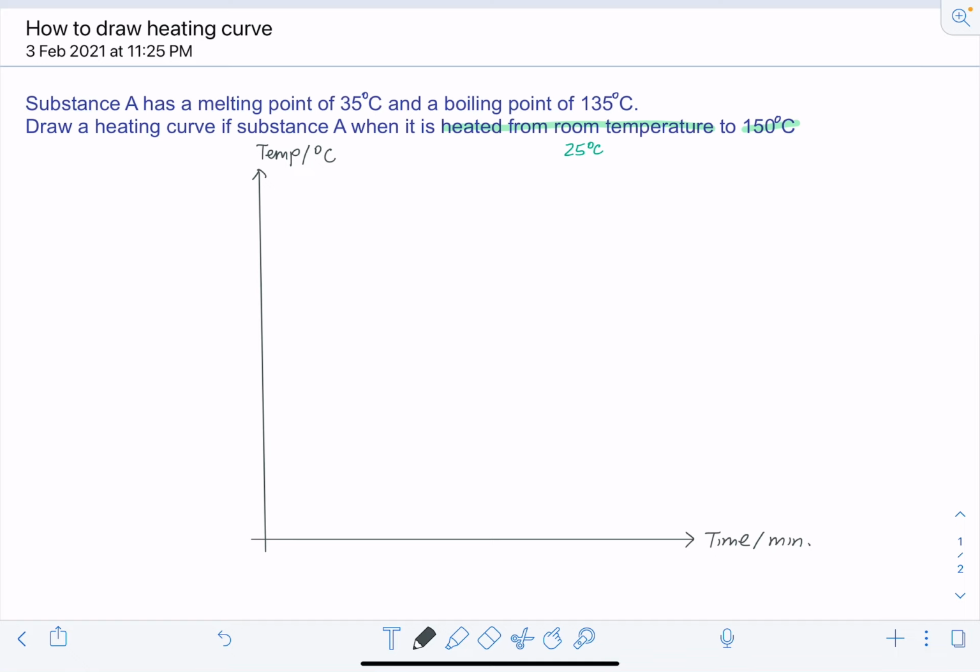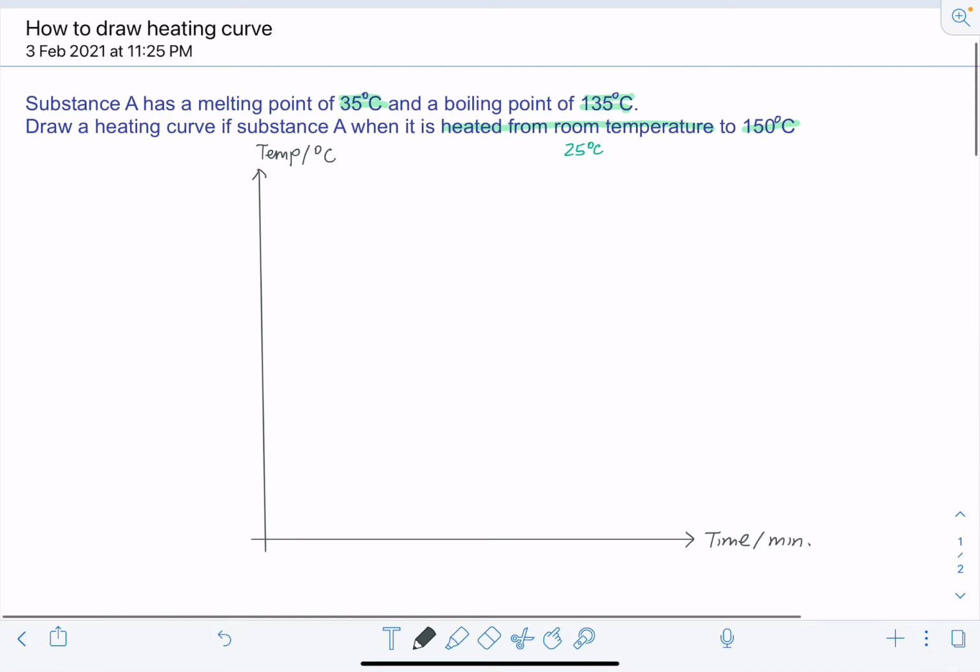Next, I'll be using all the temperatures mentioned of the melting point and boiling point of the substance, together with the temperatures of the substance being heated across that range, to be included. So, step 2.